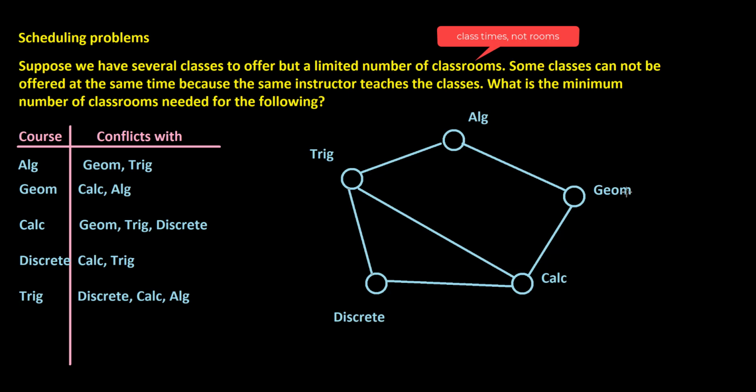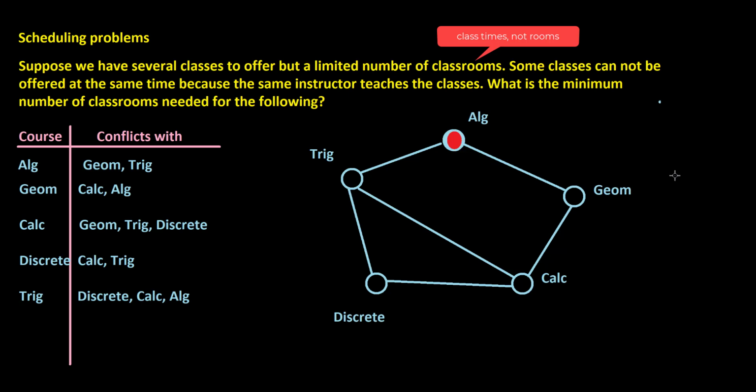Okay, great. So now we're down to a graph coloring problem, and it's the same idea where we wouldn't want algebra to have the same color or the same time slot as geometry and trig because we cannot offer all of those classes at the same time. So let's say I put our algebra course in the morning, a morning time spot, and I'll call it red.